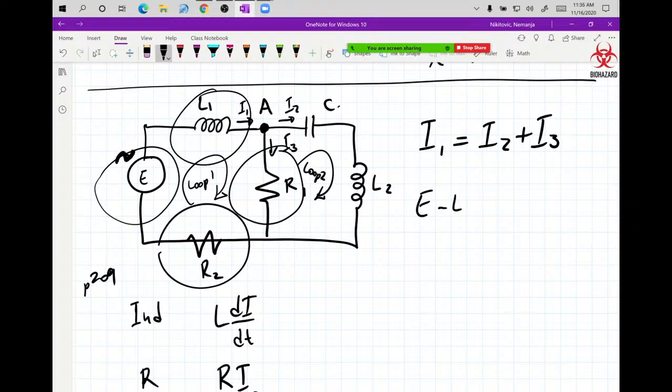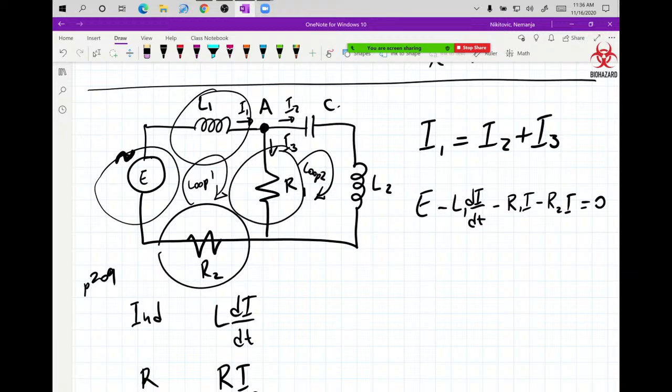So it's going to be minus L1 di/dt minus R1 I and minus R2 I, and everything equal to 0, right? And oh, I just realized we can't solve this because we didn't learn the forcing yet. Whatever.